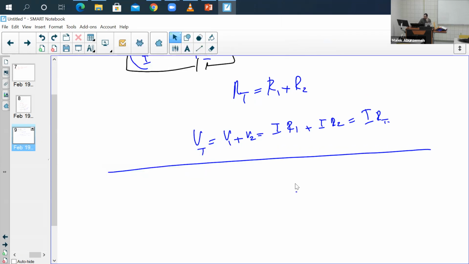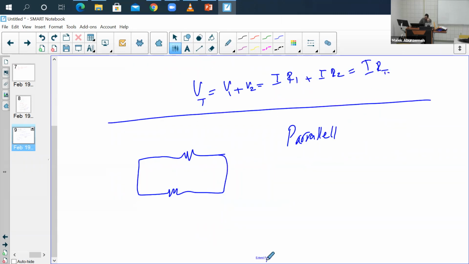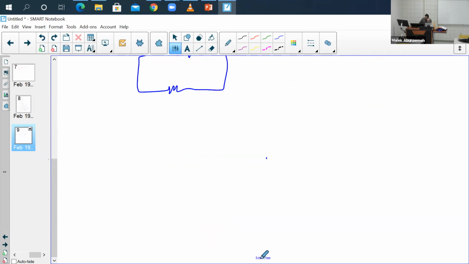What about if they were connected in parallel? So let's say they were connected like this, and you got another R coming in.